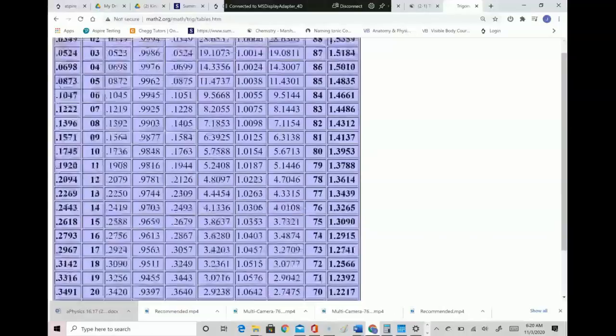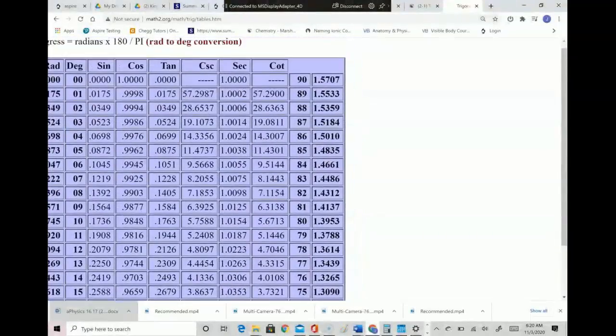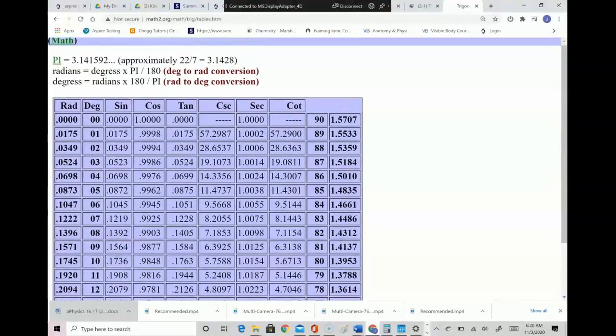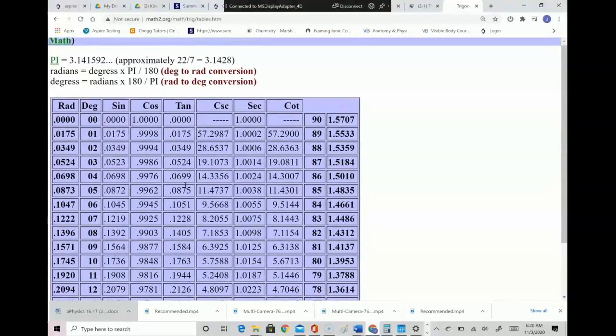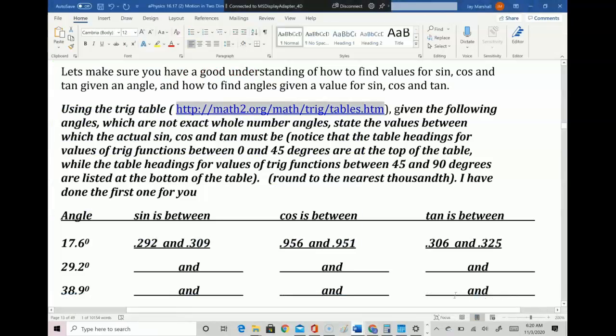So here's that trig table. Let's now go back to what I want to do.